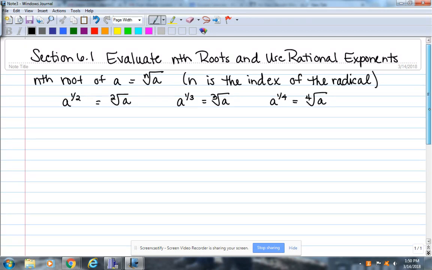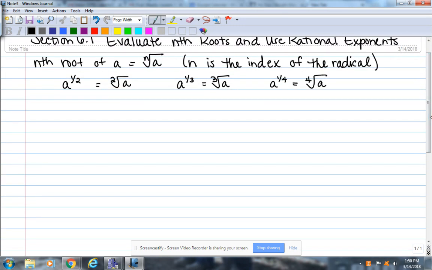So there's a table in your book, and we're basically going to copy this table. Real roots of A. So your index can be an even number or an odd number.